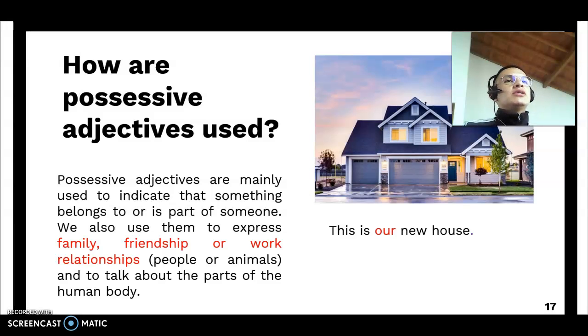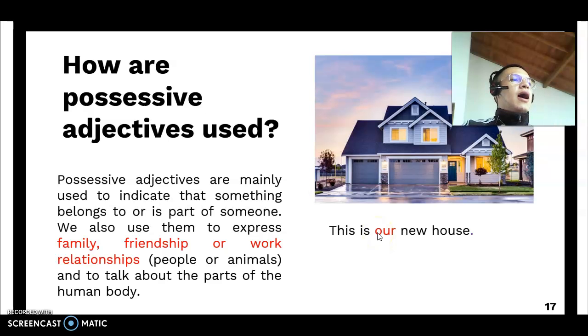How are possessive adjectives used? They are mainly used to indicate that something belongs or is part of something. It's really useful when we talk about family, friendship and relationships. For example, this is our new house. As I told you before, our is the possessive adjective of the personal pronoun we.